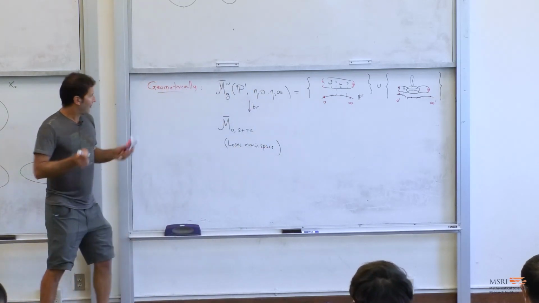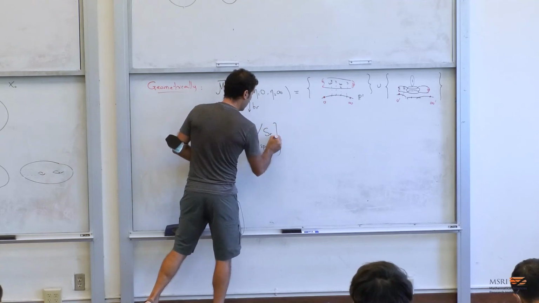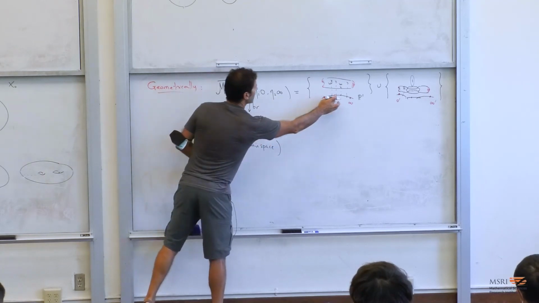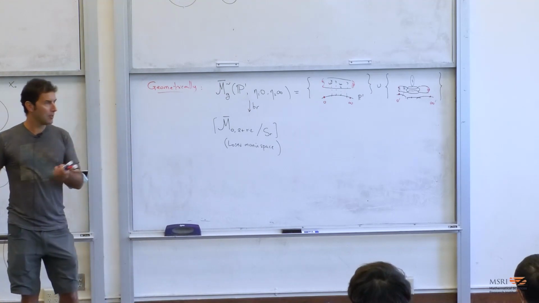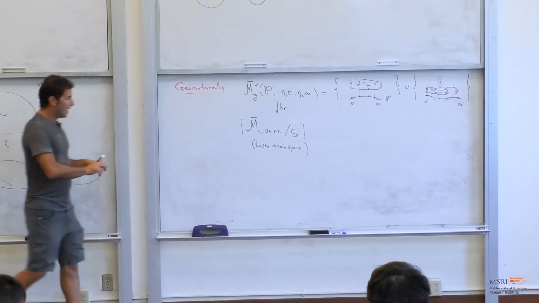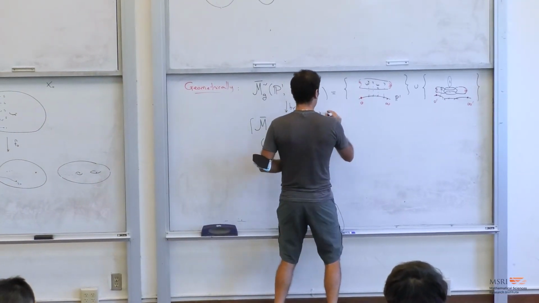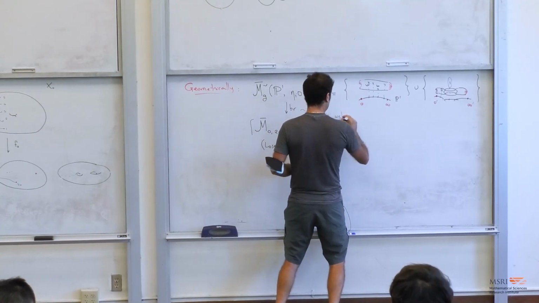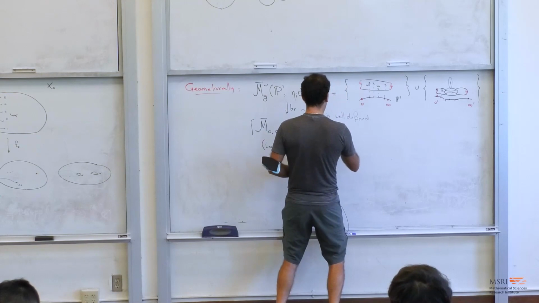Okay? And if I were to be fully honest, I would actually take a quotient by S_R because my R light points are really not marked. I cannot distinguish them. But again, these are all details, right? And the key point, and it's proven that this thing is well defined and virtually flat.